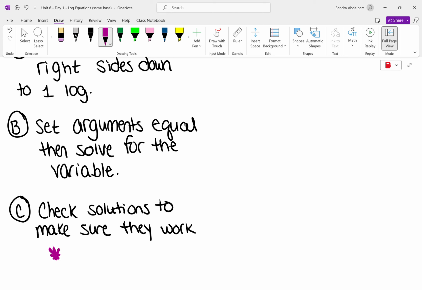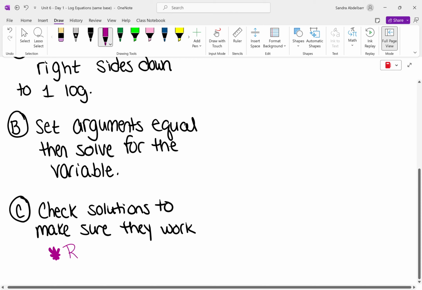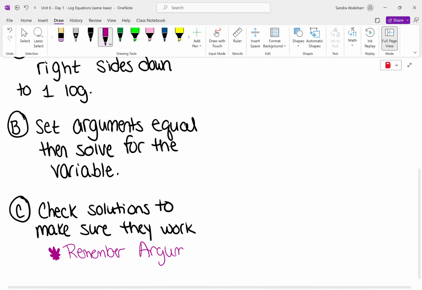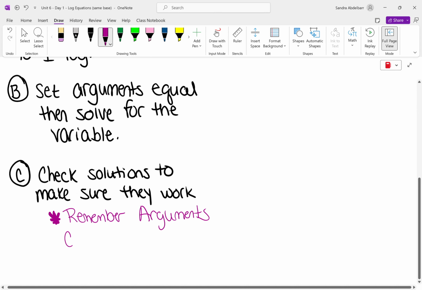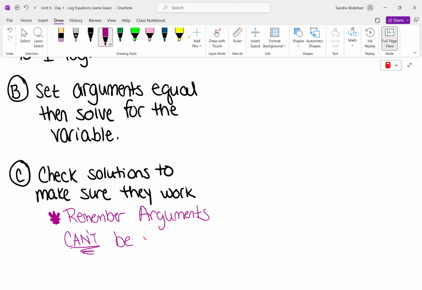And just a quick reminder, remember, arguments cannot be negative. So that's the first scenario where a log is equal to another log.